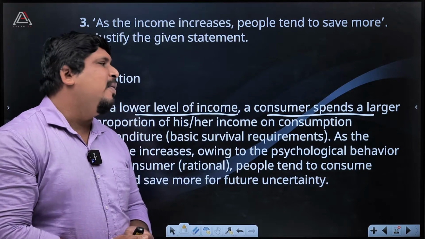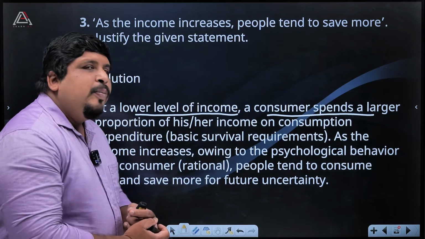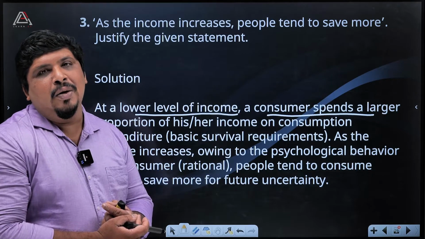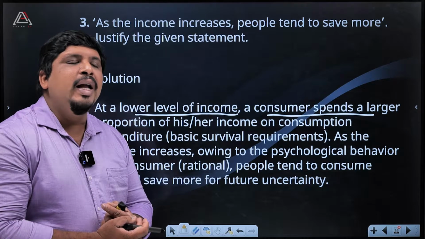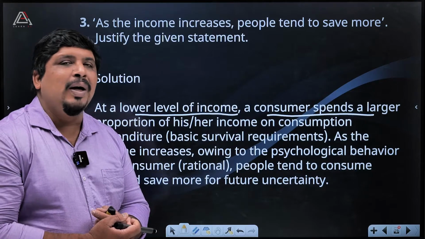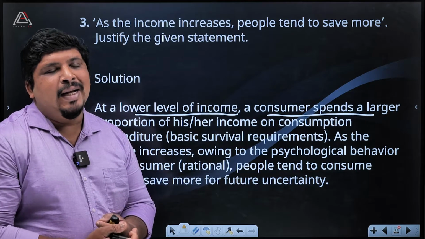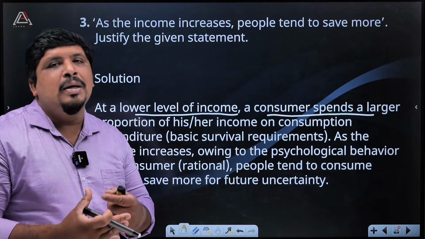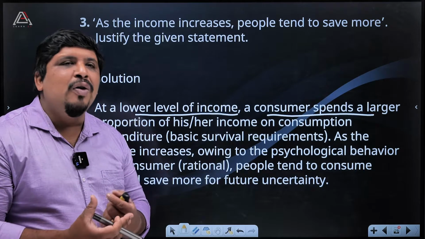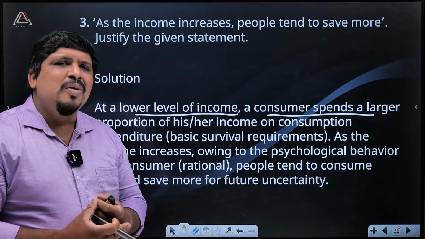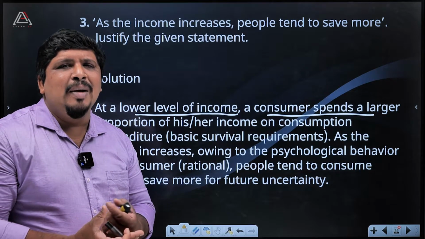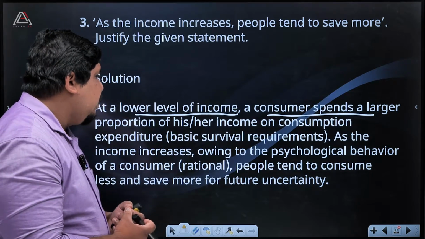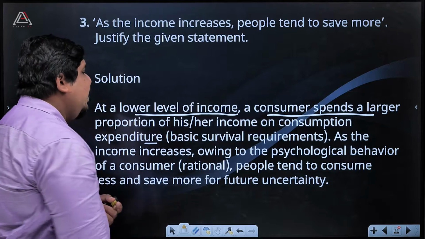So lower income people spend most of their money on consumption because they say, I have only 5000 rupees in my pocket. I cannot save anything. Some people do save, but the common nature of people is, I have only 5000 rupees, so I'm not saving any amount because it's only a meager amount. So I'm spending this money on all my consumption expenditure.